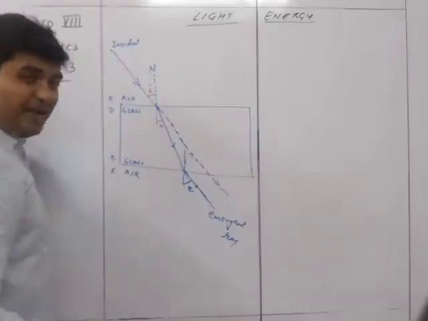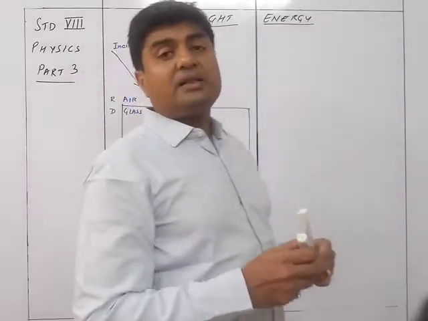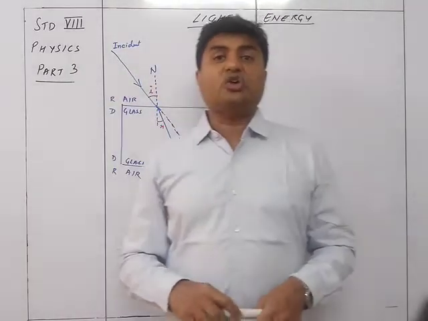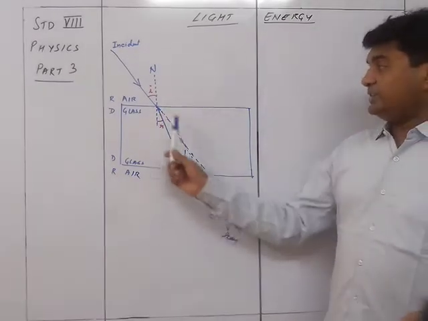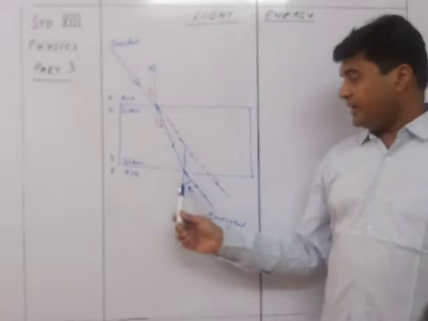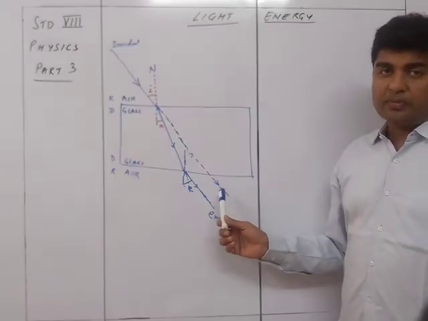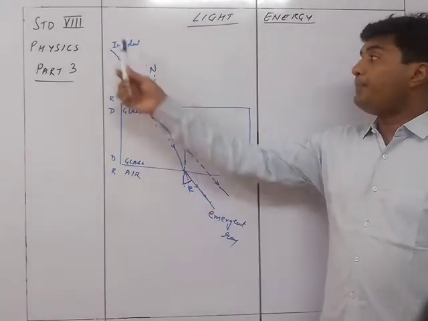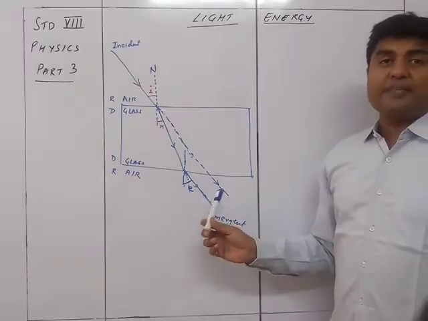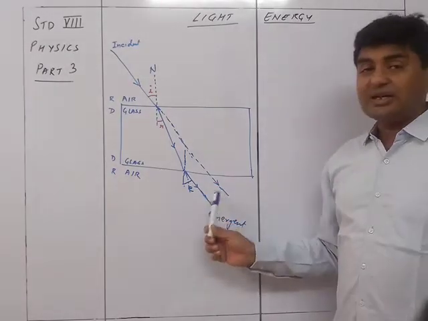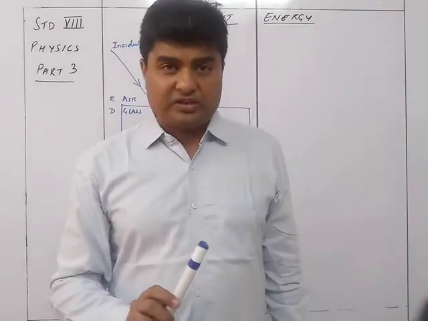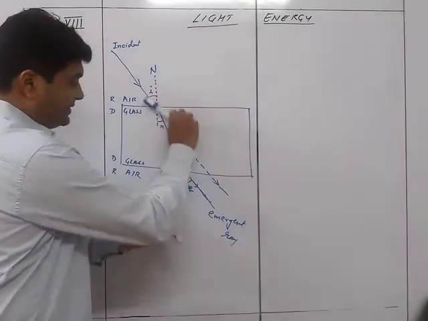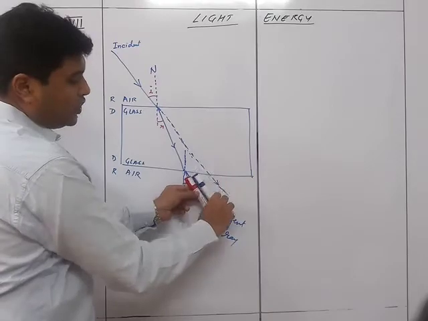That means the ray of light has got deviated twice. There is twice the refraction taking place, one towards the normal and again away from the normal. So in this way, the pathway almost remained the same, except for the fact that there was a lateral displacement which has taken place. This thing जो ऐसे जाने वाला था उसके बदले ऐसे जा रहा है, but ये दोनों parallel हैं.